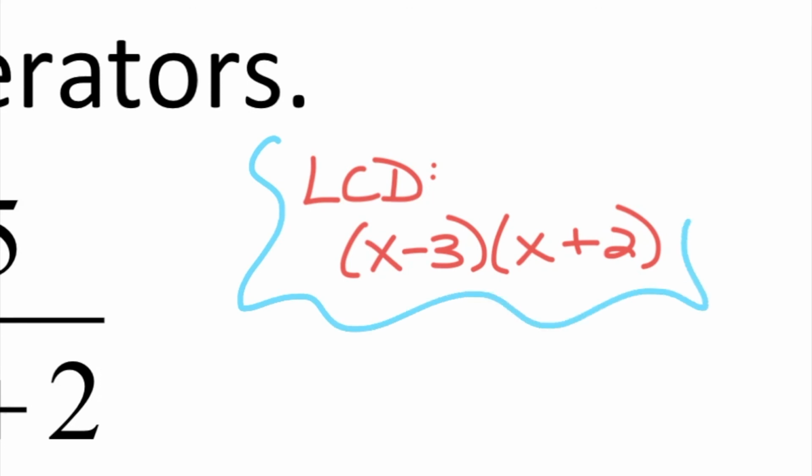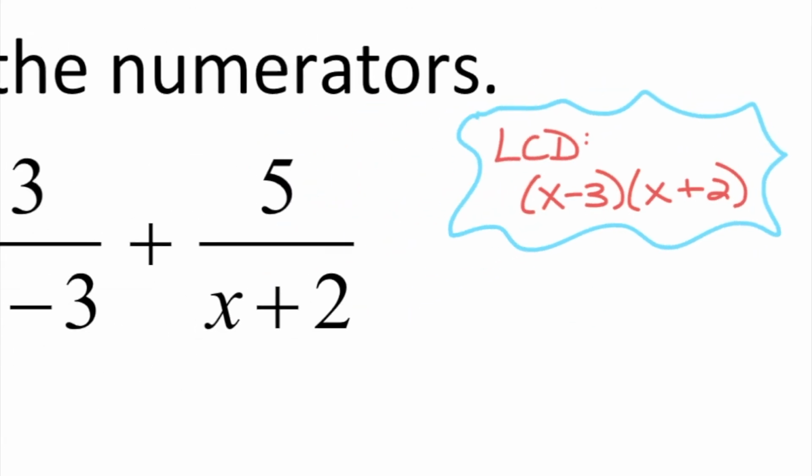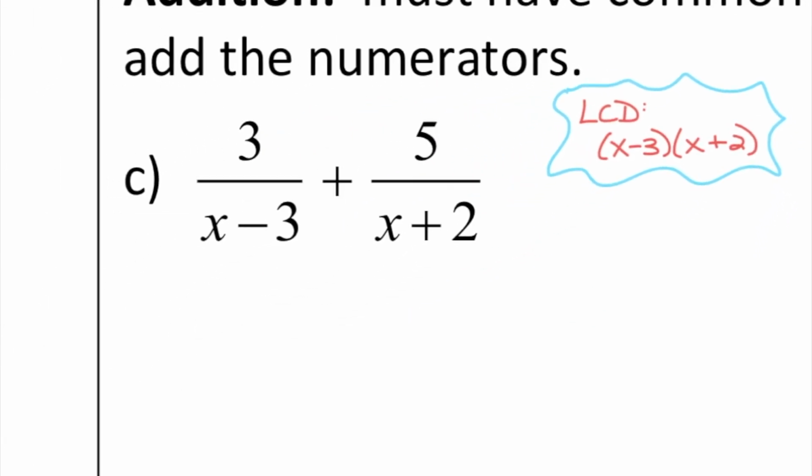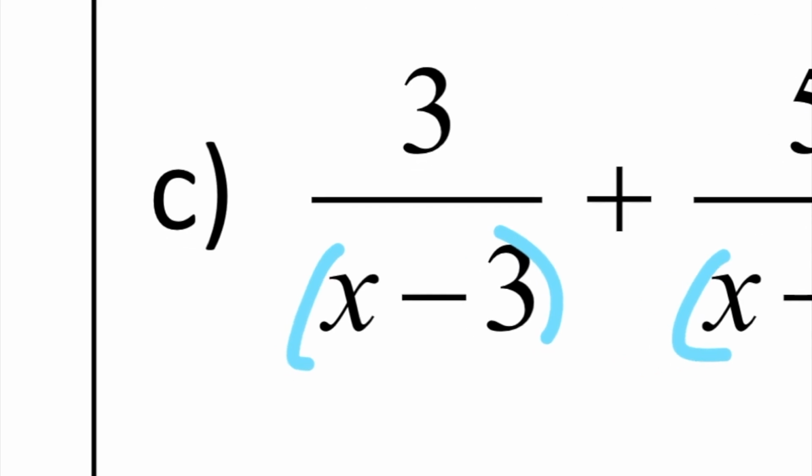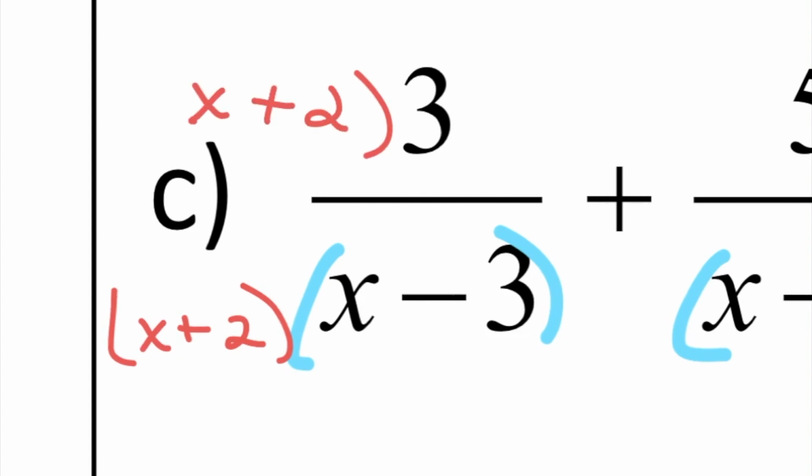And so my LCD, or least common denominator, is going to be the product of the two denominators that you have. But in order to get x minus 3 times x plus 2, I have to multiply by the x plus 2 in the numerator and the denominator.